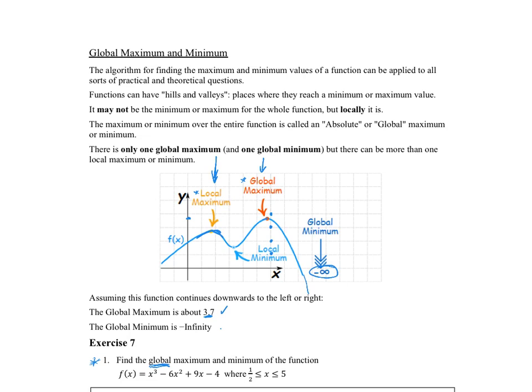There are a couple of other points that you need to know, and it's this sentence here. There is only one global maximum and one global minimum, but there can be many local. So the key here is knowing the difference between a global or a local maximum and minimum.